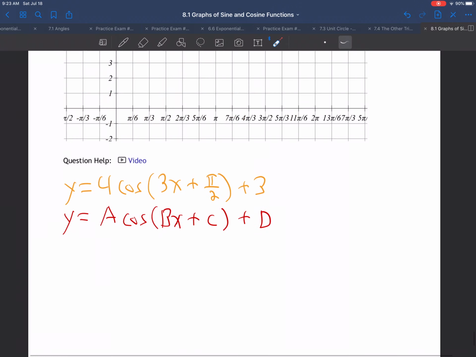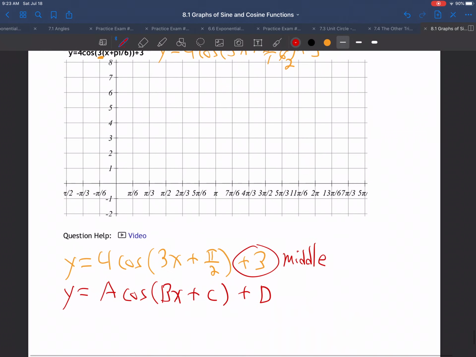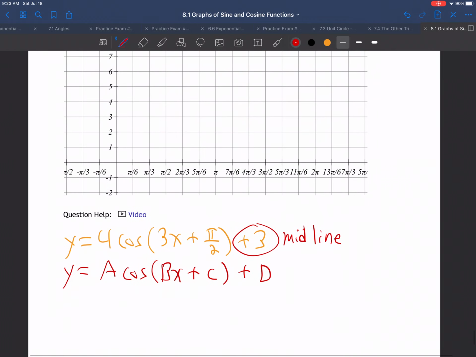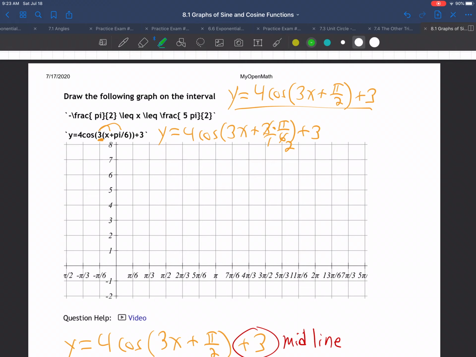So the d is positive 3, so this is the middle of the graph, plus 3. It's the midline. Maybe I should call it the midline, because I want you to know it's the vertical middle. It's the midline of the graph. So at y equals plus 3, up 3 is the middle of this graph.